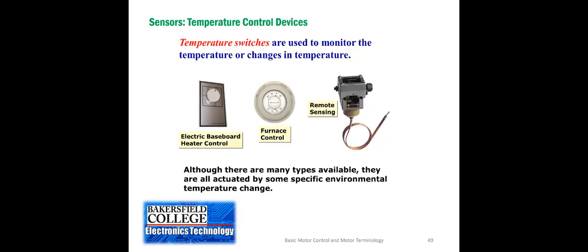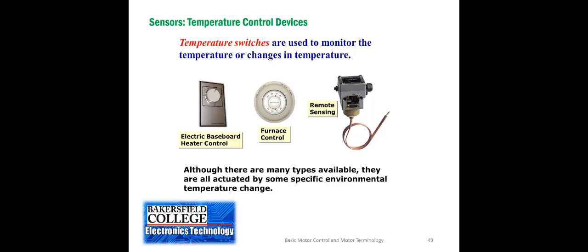So this device that we're looking at right now is a temperature sensor, but the correct way to talk about them is a temperature switch, because they are looking for a particular temperature, and when that temperature is reached, the switch will either turn on or turn off.